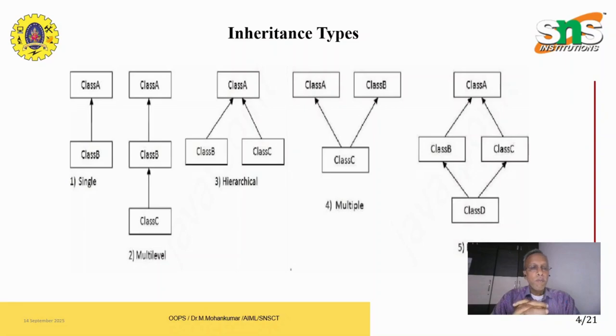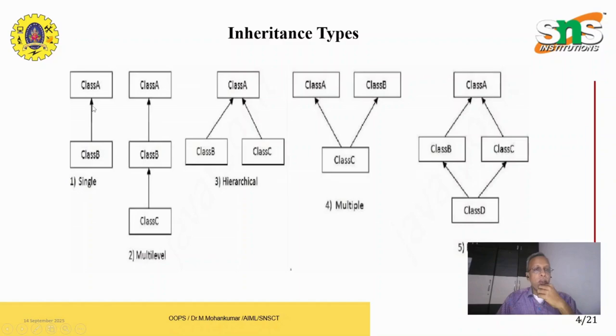For single inheritance, take class A and class B. Class A has some behaviors and patterns, and we derive them to class B. This is called the single inheritance concept.